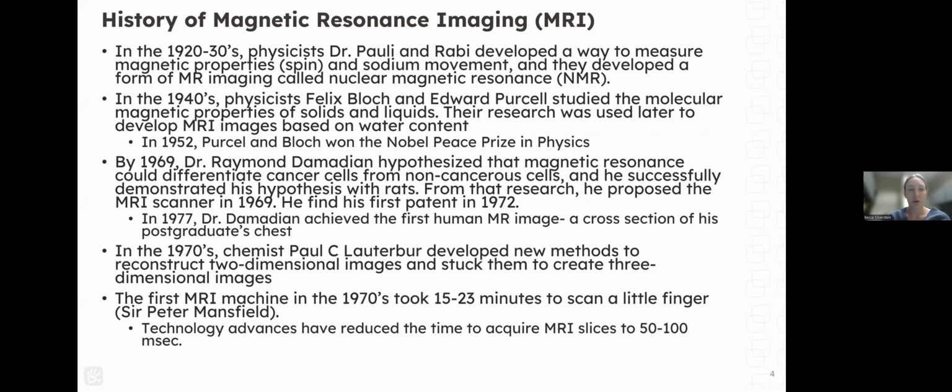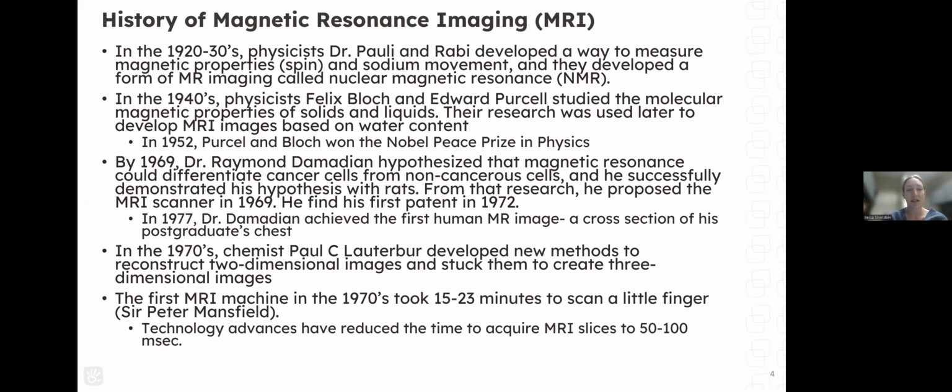In the 1940s, the physicists Dr. Felix Bloch and Dr. Edward Purcell studied the molecular magnetic properties of solids and liquids. Their research was later used to develop MRI imaging based on water content, and they actually won the Nobel Prize in Physics for their research in this property in 1952.